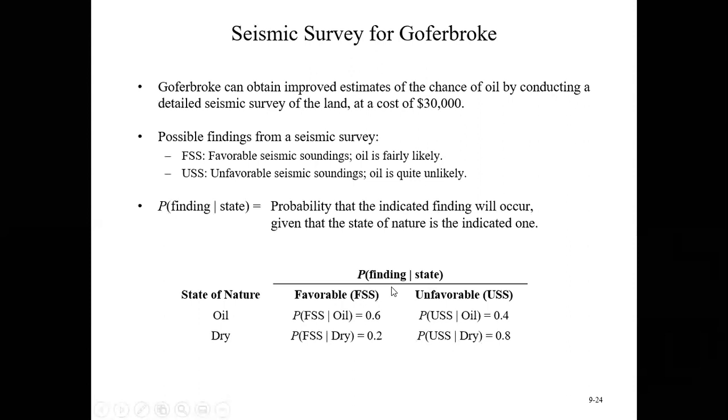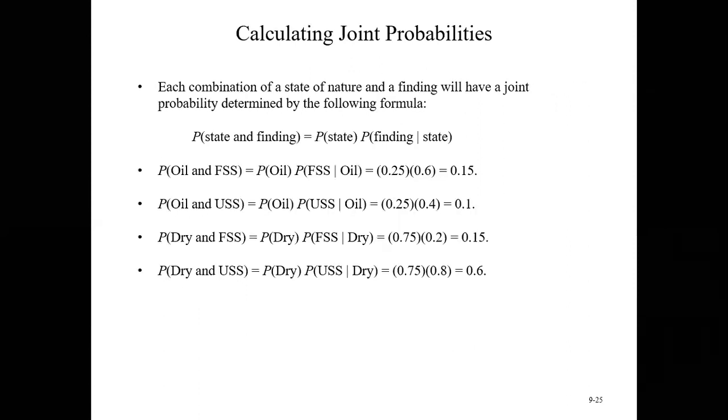The results of that survey that the company bought at a cost of $30,000 was that there's actually a favorable response in terms of the probability of us having oil. And that favorable outcome was given a 60% probability, or 0.6. So with that new information and the prior information, we can come up with a new probability associated with a given outcome.